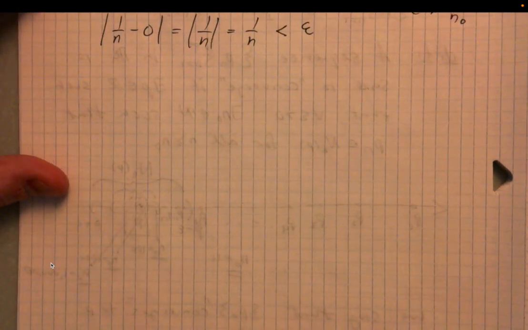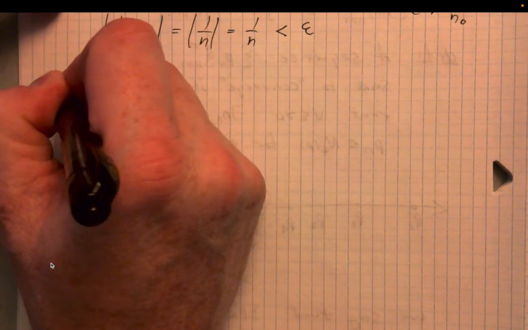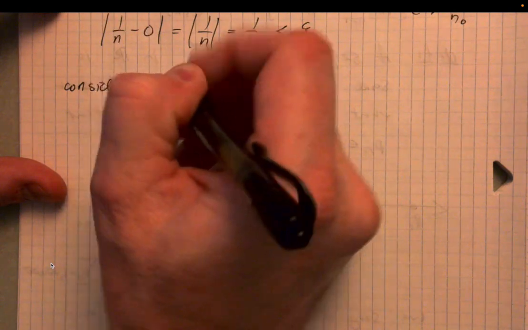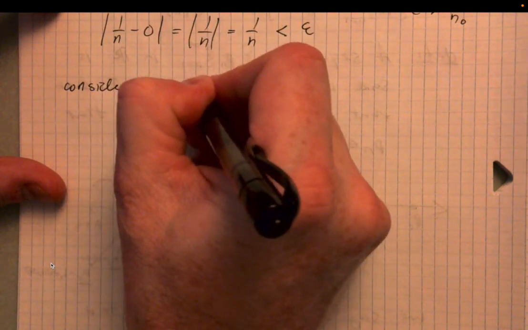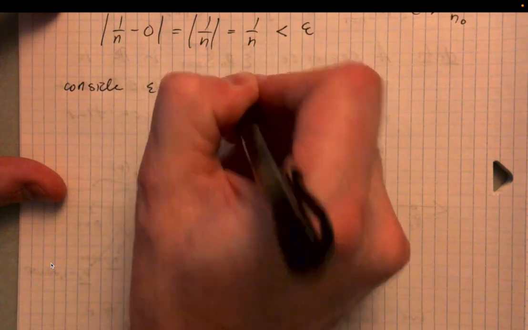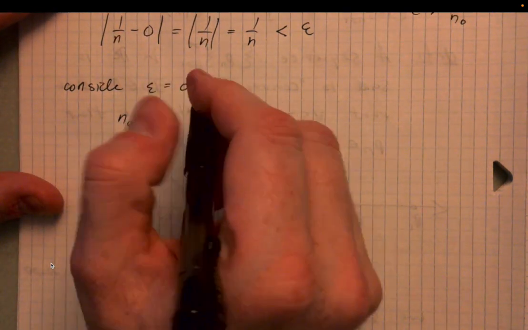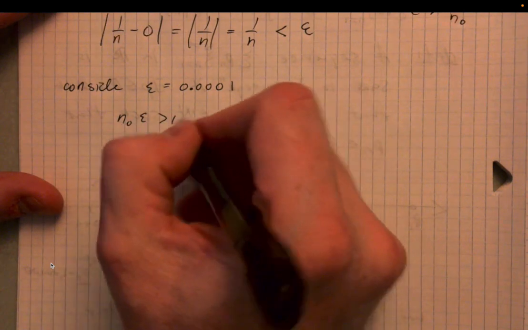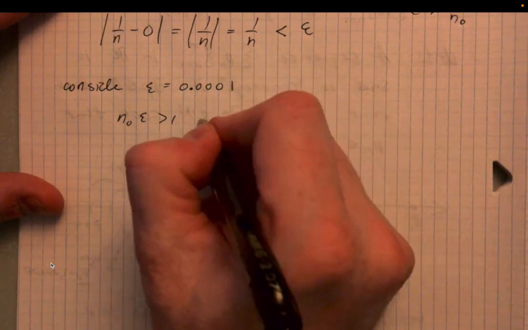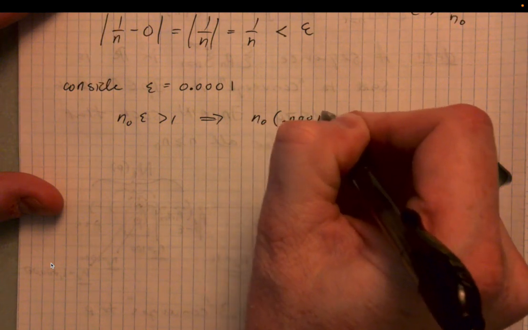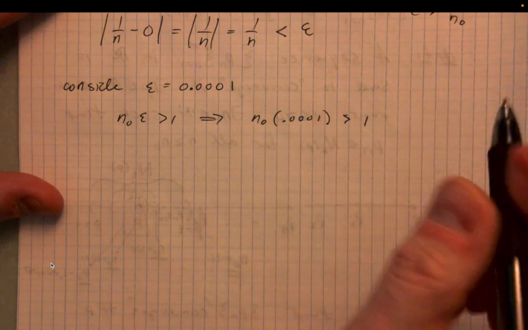of epsilon. So let's consider a specific example of epsilon. So consider epsilon equal to 0.0001. Okay, so then if I say n naught times epsilon is greater than 1, and I actually plug in a small value of epsilon, n naught times 0.0001 has to be greater than 1.